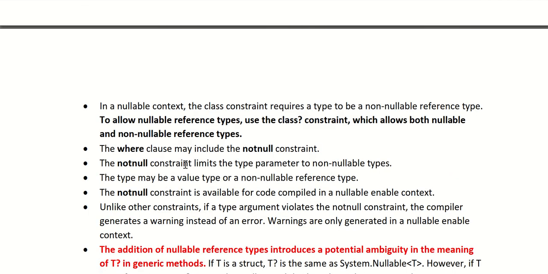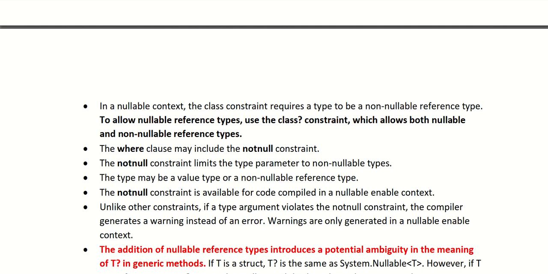In a nullable context, the class constraint requires a type to be a non-nullable reference type. To allow nullable reference types, use the class question mark constraint, which allows both nullable and non-nullable reference types. So that's all about nullable contexts.